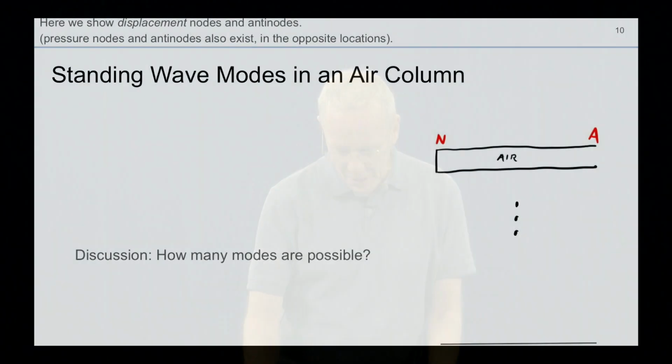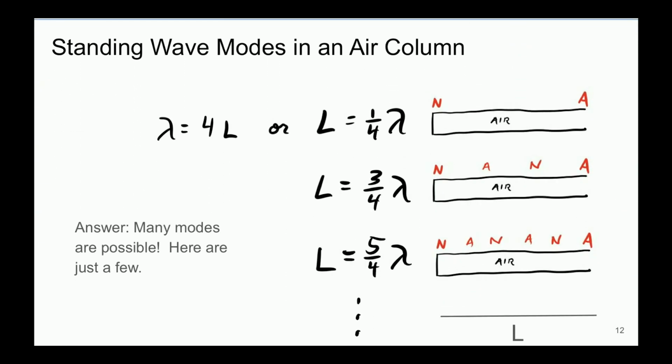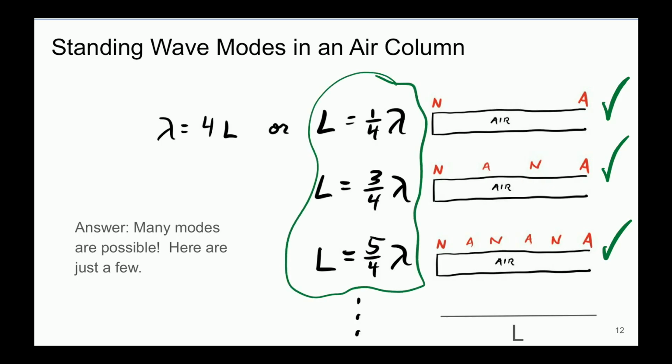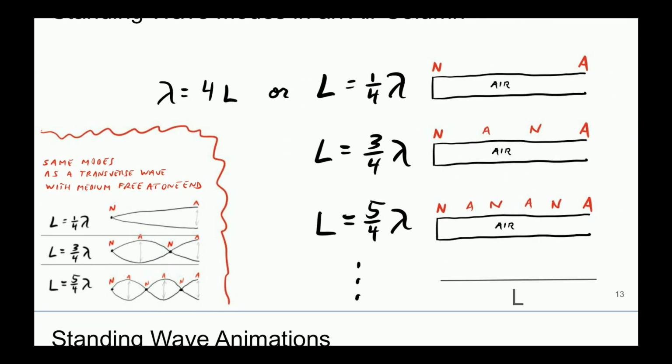Okay, so how many modes are possible? Well, it turns out many, right? As long as you have the constraint where antinodes are on one end and nodes are on the other, you can see there are various modes, right? I'm only showing 3 of them here, and they relate to particular lengths as a function of lambda, and no surprise, these are the same modes we saw earlier, right?